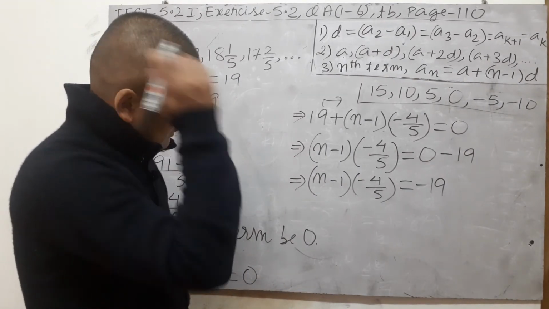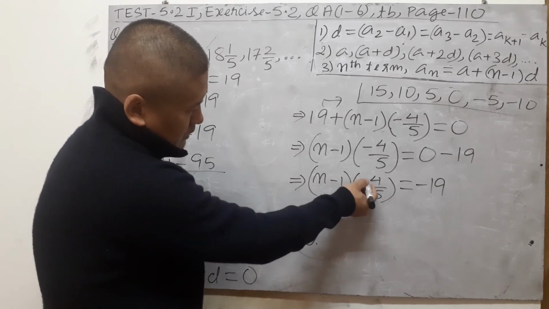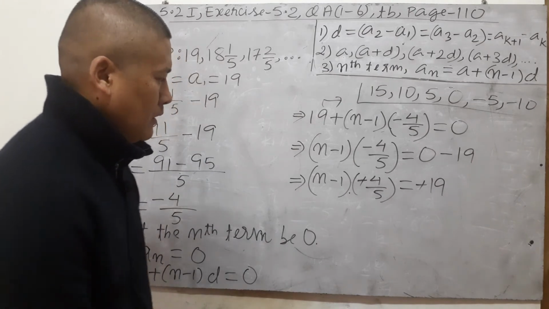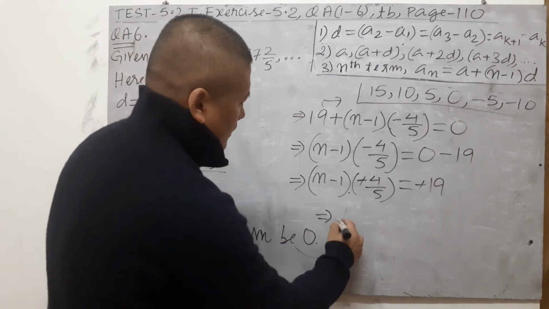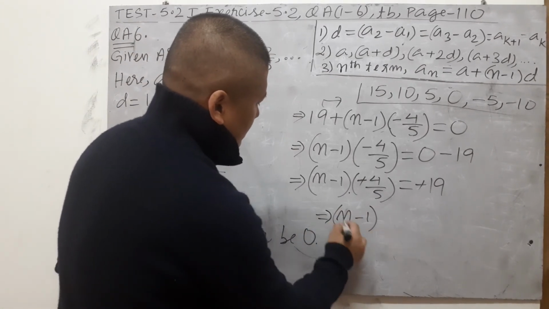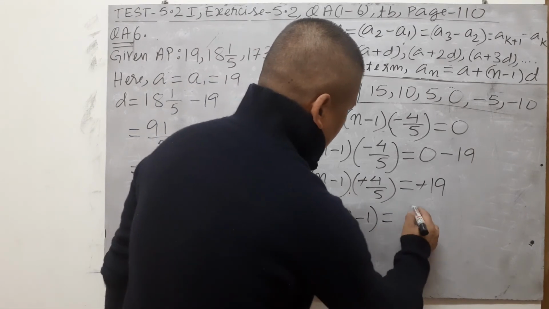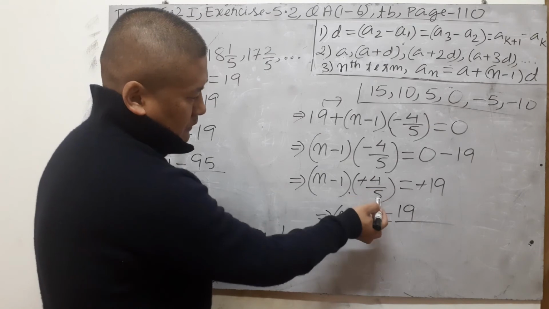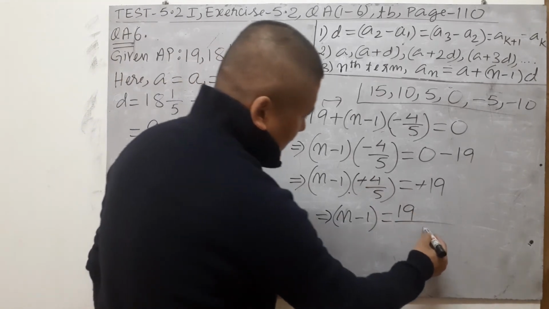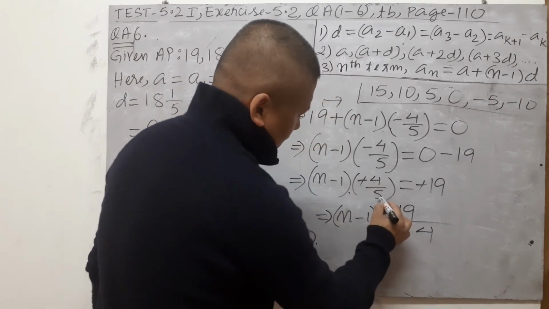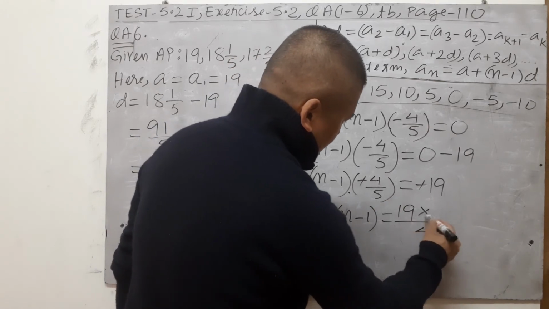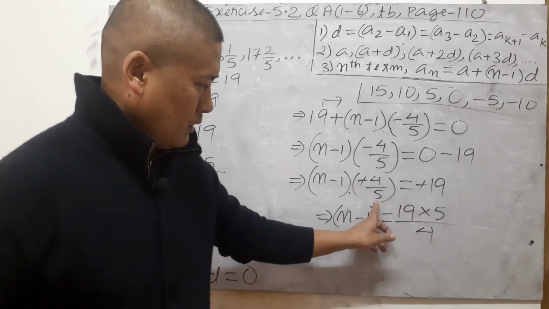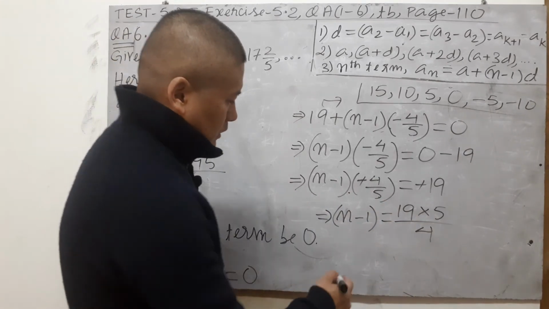So now this minus on the left side can cancel the minus on the right side. So that implies n minus 1 is equal to 19. Then if you shift this 4 by 5 to the right side, 4 will come down, and the denominator 5 will go up to the numerator on the right side. Up will come down and down will go up.